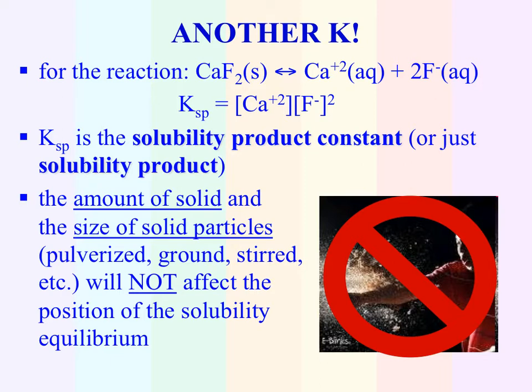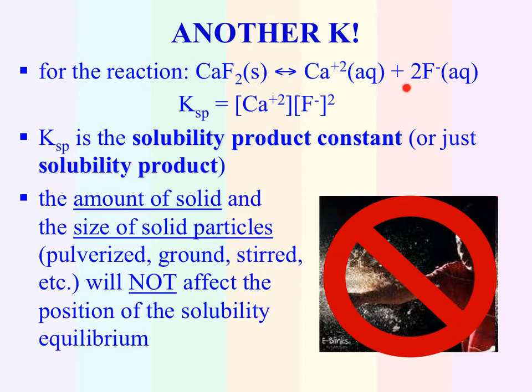Okay, and so when we write our Ksp equilibrium expression, obviously we're going to follow the rules that we have in the past. Notice that the Ksp for this specific ionization process only has calcium ion and fluoride ions because, remember, we only include aqueous substances. We don't include pure solids or liquids.